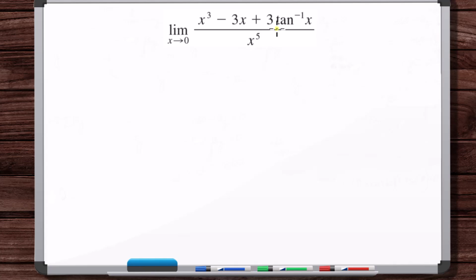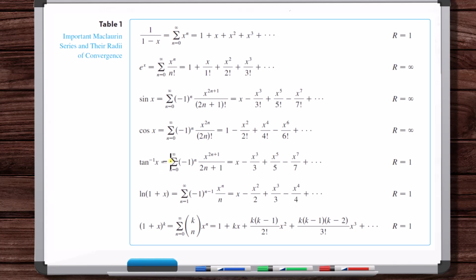Okay, so we're going to start with arc tangent of x. That's the sum from n equals 0 to infinity of minus 1 to the n, x to the 2n plus 1 over 2n plus 1.